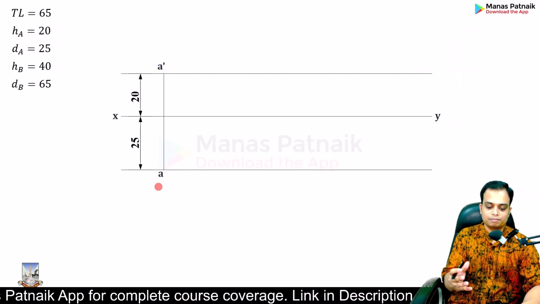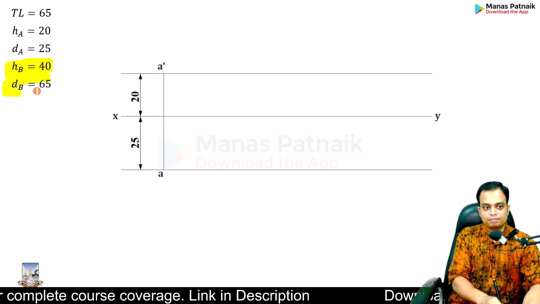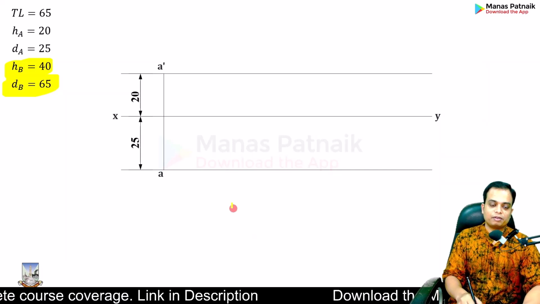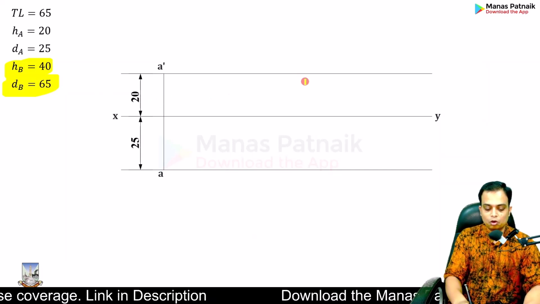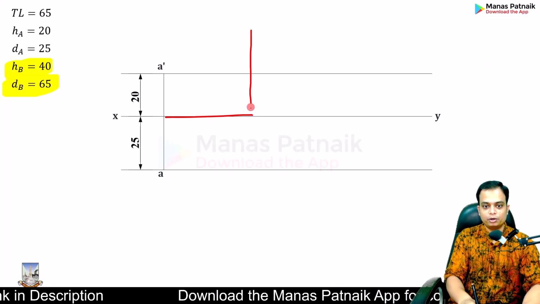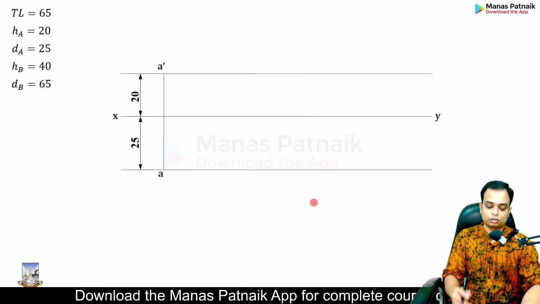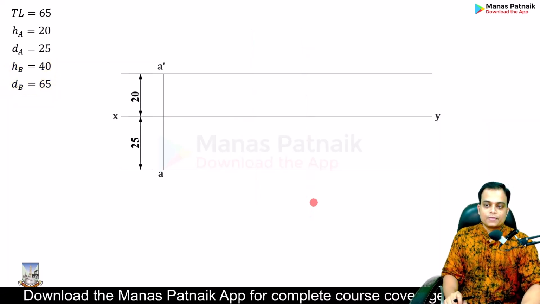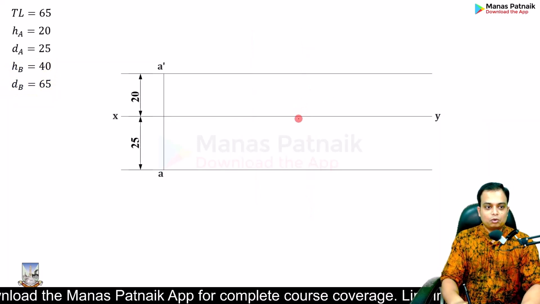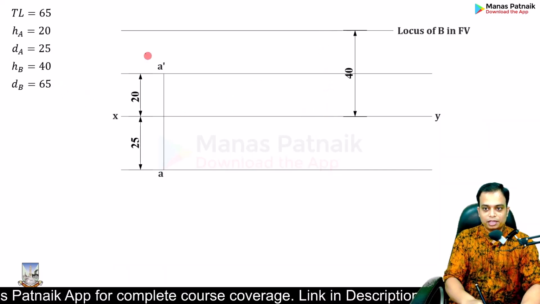I hope all of you can follow. Secondly, HB has been given as 40 and DB also has been given as 65. But how far is HP and DB going to be, somewhere here, or are they going to be here? We don't know the exact location. So what we'll do is, for the time being, we are going to assume that HB is 40. Let's say 40 from the XY line.